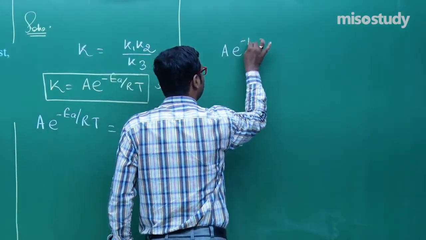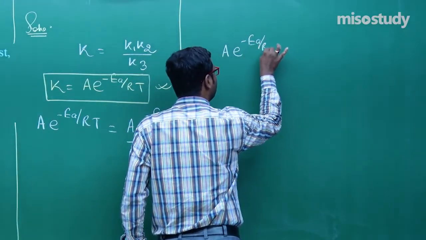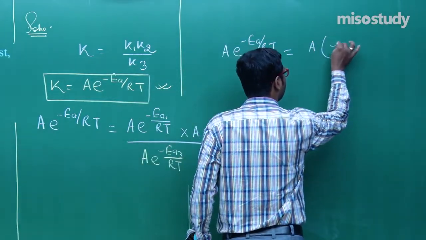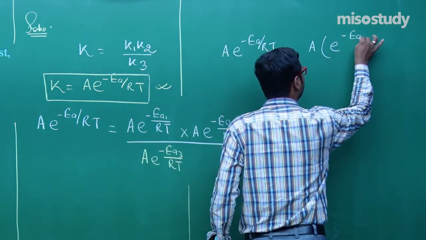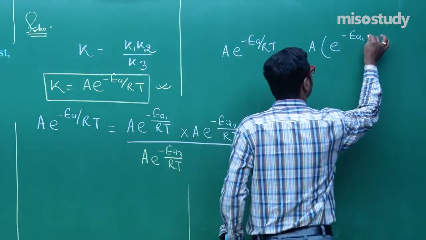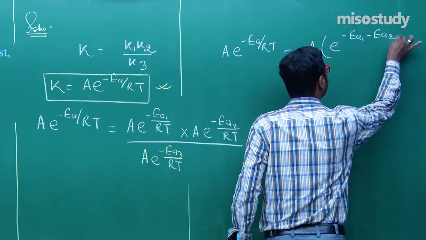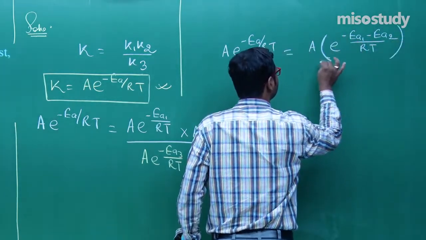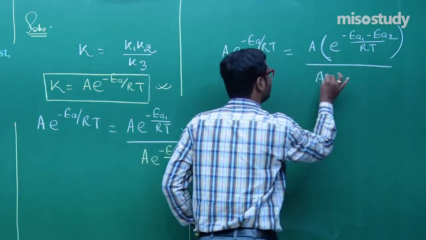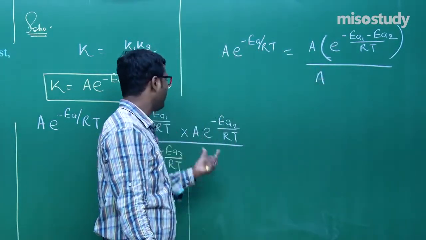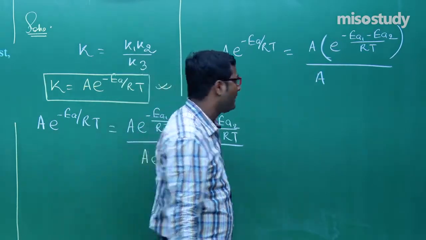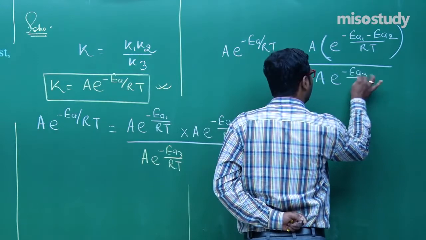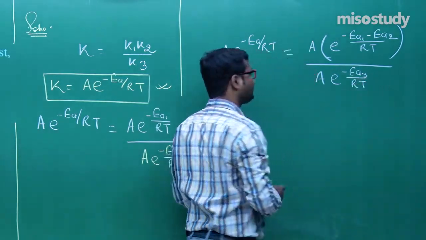A e to the power minus Ea upon RT is equal to A e to the power of (minus Ea1 minus Ea2) upon RT. Can I write like this? Yes sir, definitely you can write like this, because when the base is the same, powers add. Now divided by A e to the power minus Ea3 upon RT.